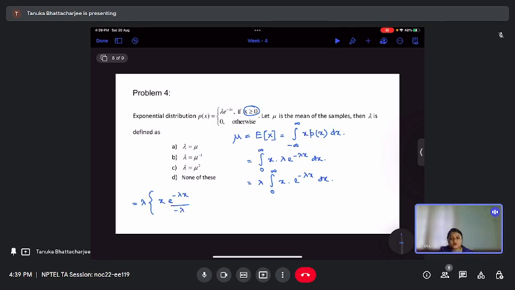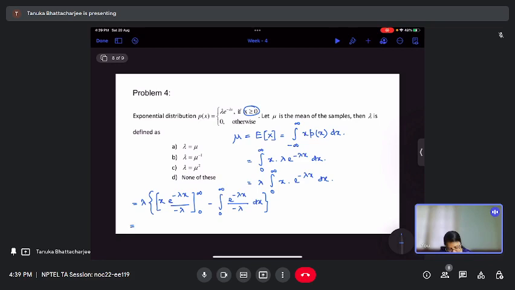Integration will be e to the power minus lambda x by minus lambda. This we will put the limit as 0 to infinity. This is first function into integration of second function minus integration differentiation of first function, that is differentiation of x will be 1, then integration of first function, that is again this thing. So this becomes the simplification by integration by parts.